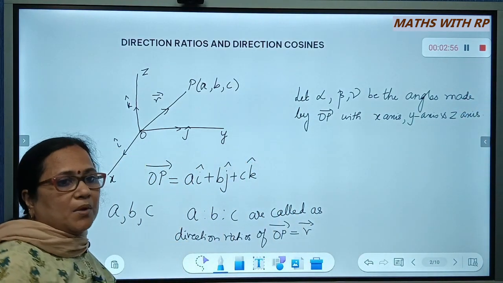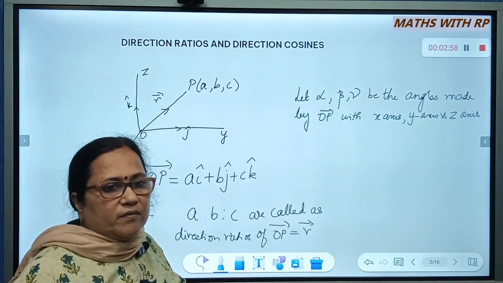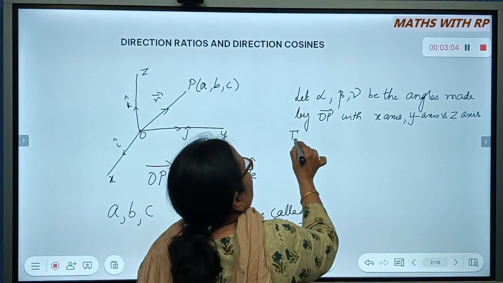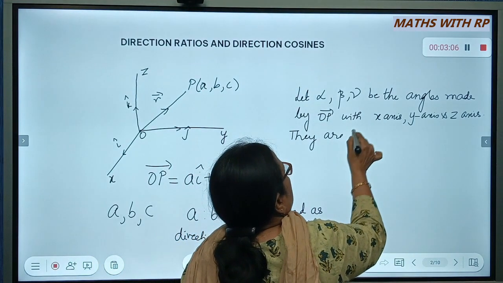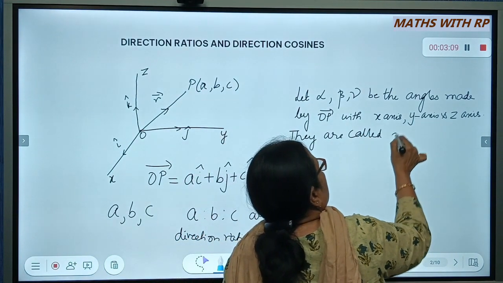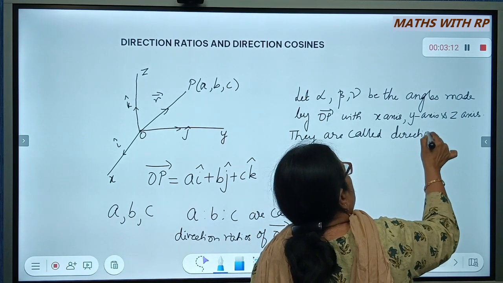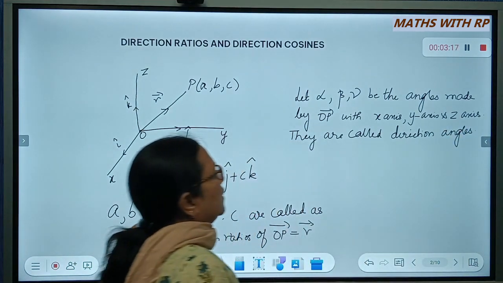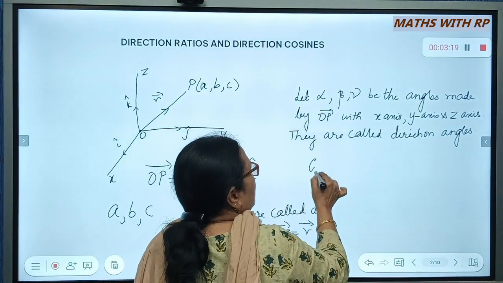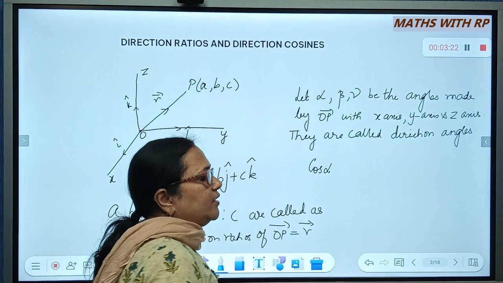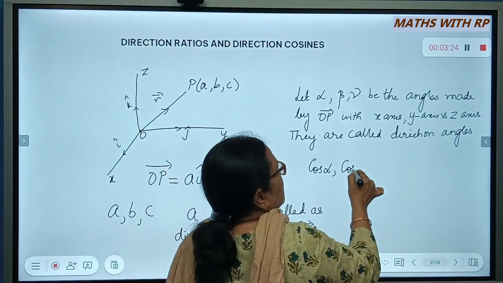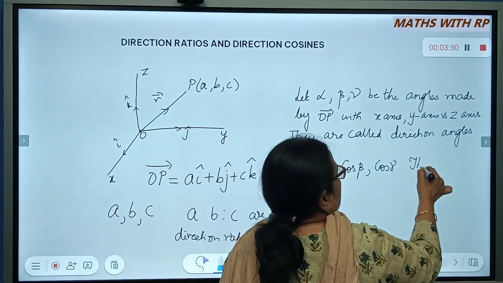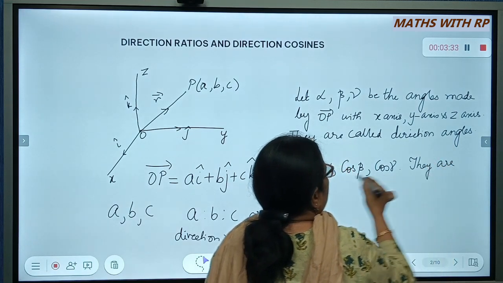So alpha, beta, gamma are the angles made by OP vector with the directions of I, J and K. These angles are called direction angles. Now, what will be cos alpha? We are going to find cos alpha, cos beta, cos gamma. They are called direction cosines.